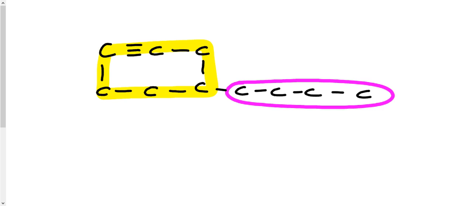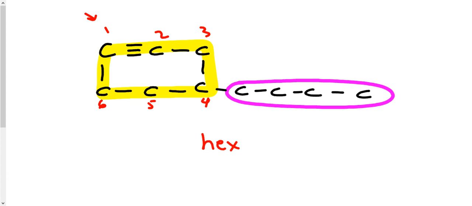Now that we've highlighted our parent chain, we can count the carbons. I can see that I have 1, 2, 3, 4, 5, 6 carbons. I chose to start numbering at this location because it gives my triple bond the lowest location in the ring, putting it between carbons 1 and 2. Because there are 6 carbons, I am going to use the prefix hex.